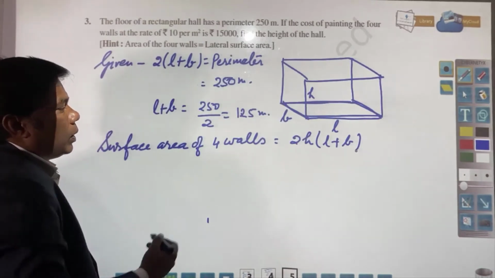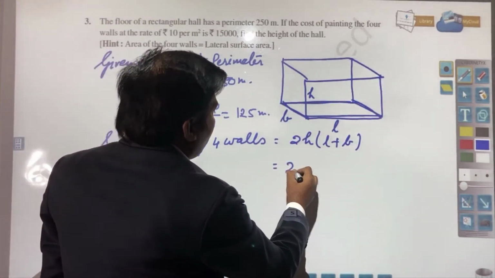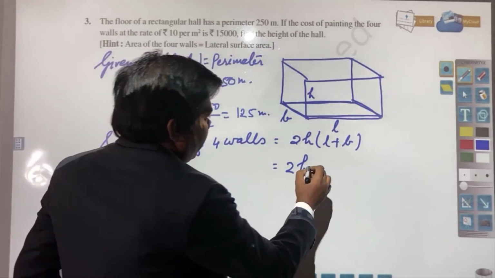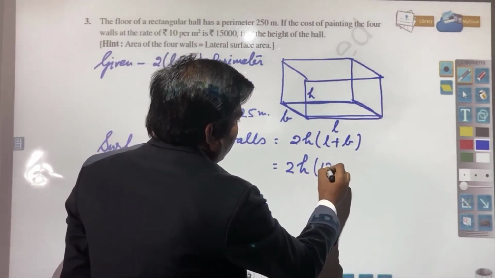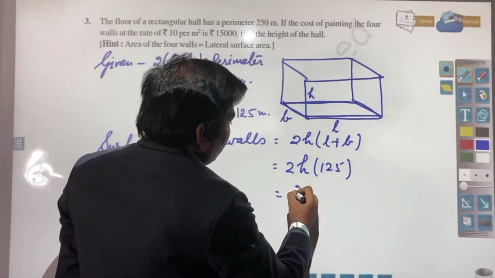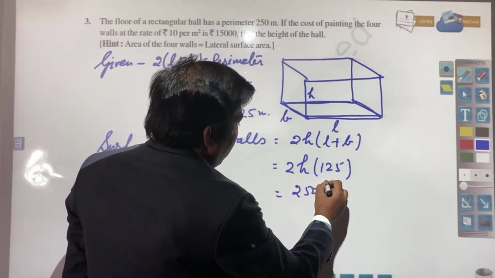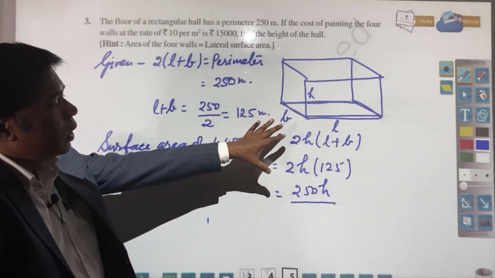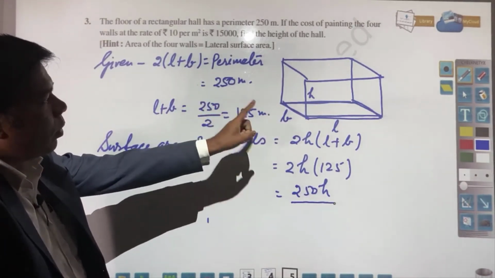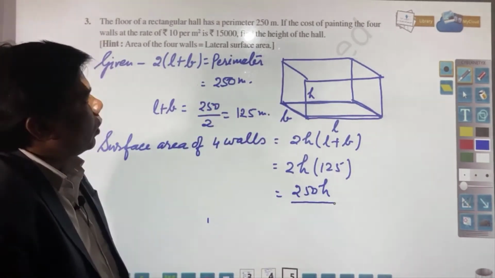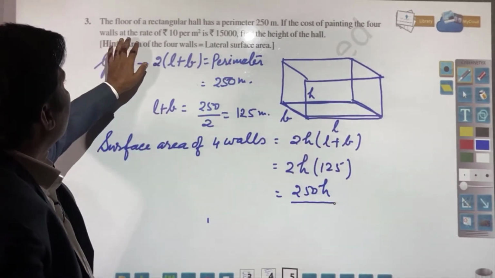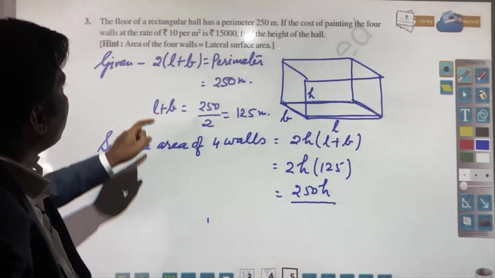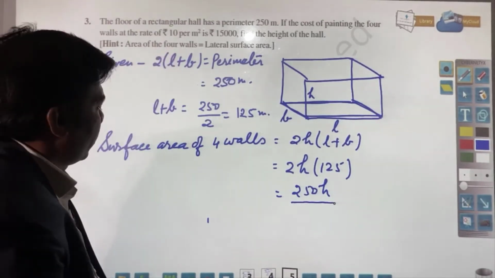So it means what? 2H (L plus B), we have got L plus B as 125. So it means 250H. This is your total surface area which you need to whitewash, or the area of 4 walls you have got. Here it has been given the cost of painting the 4 walls at the rate of rupees 10.